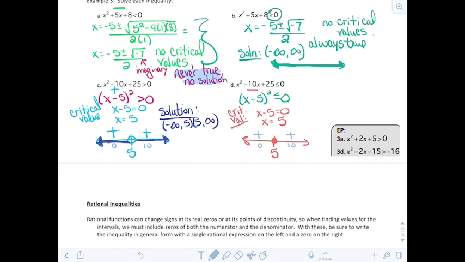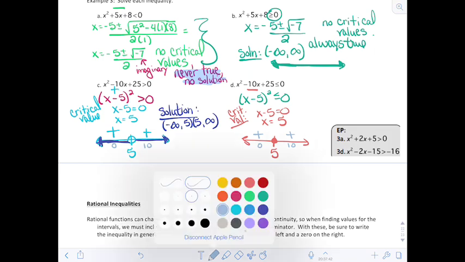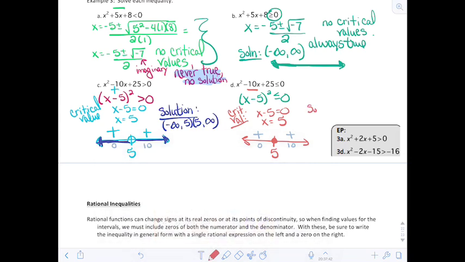But I'm looking for negatives. So the only solution to this is the number 5. That's the only solution that worked. So these 4, still all of the same concepts apply. The solutions to them are just a little bit different. We don't see them very often, but they are out there and we just want to be ready for them.